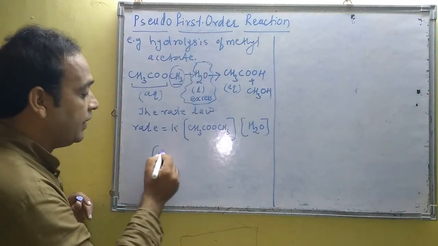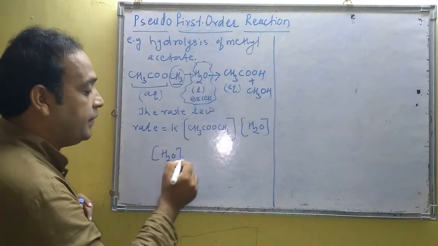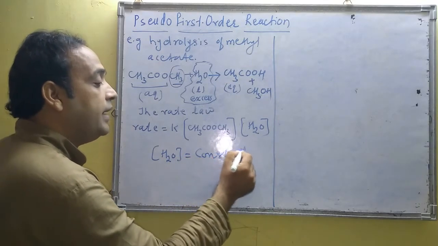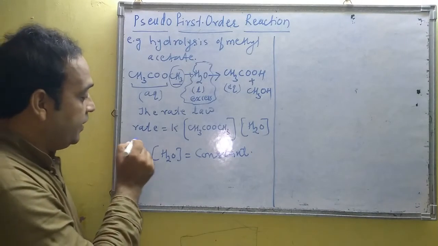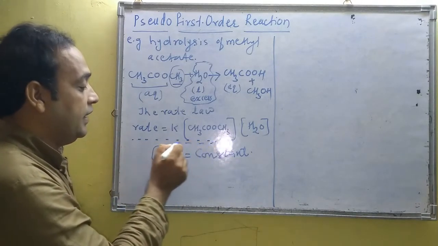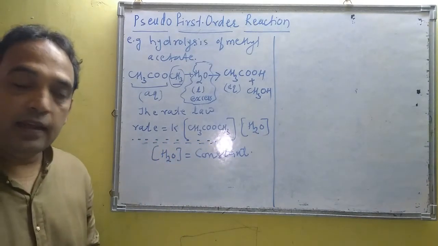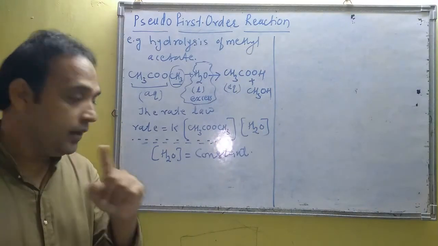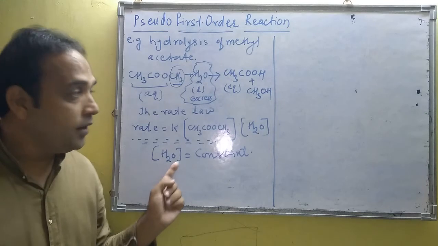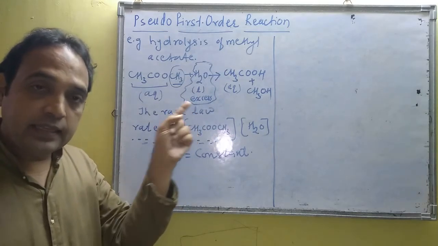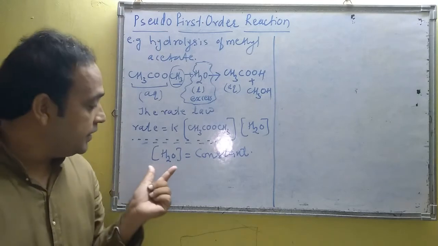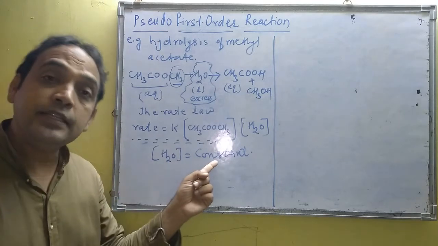So here we will write, since water is present in excess, its concentration remains constant. The reaction is expected to be second order, but water as a solvent is present in excess, its concentration is negligible. Concentration is negligible means its concentration remains constant.